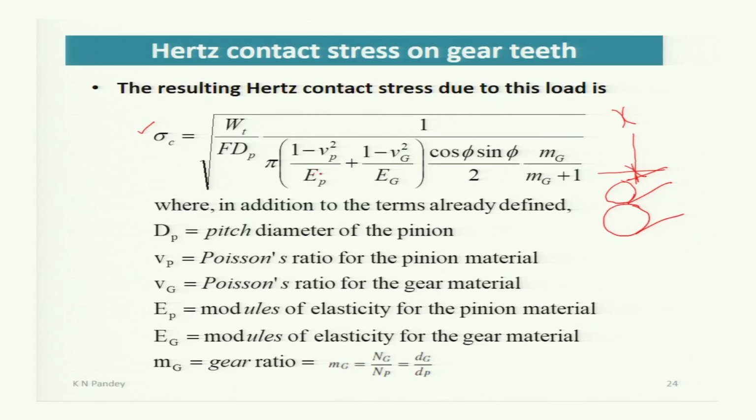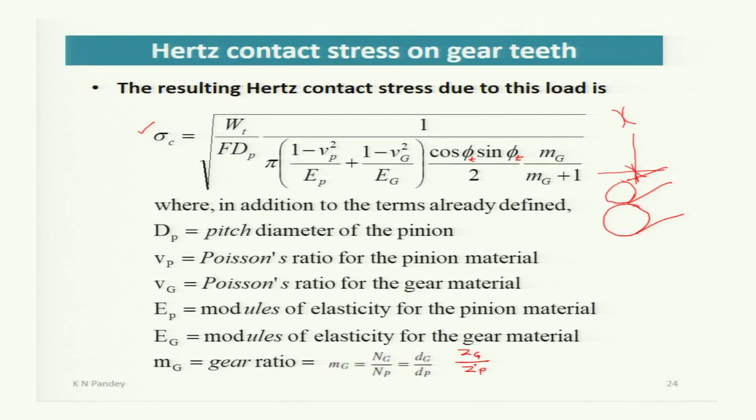EP is the Young's modulus for the pinion, and EG is the Young's modulus for the gear, and cos phi t, this is actually phi t, the transverse pressure angle, mg divided by mg plus 1, where mg is given by the number of teeth on the gear divided by the number of teeth on the pinion.